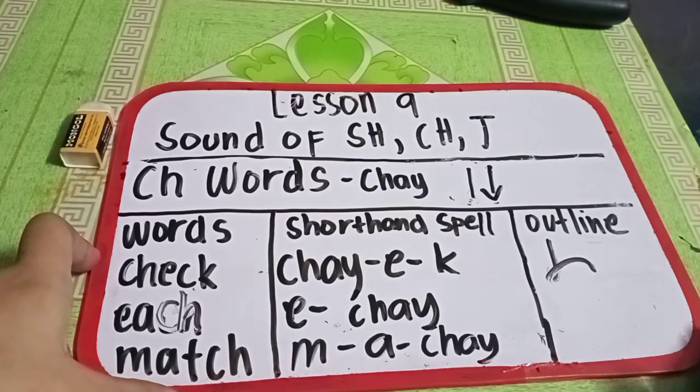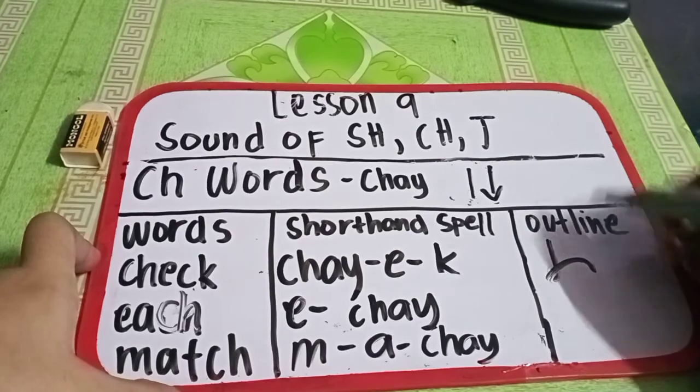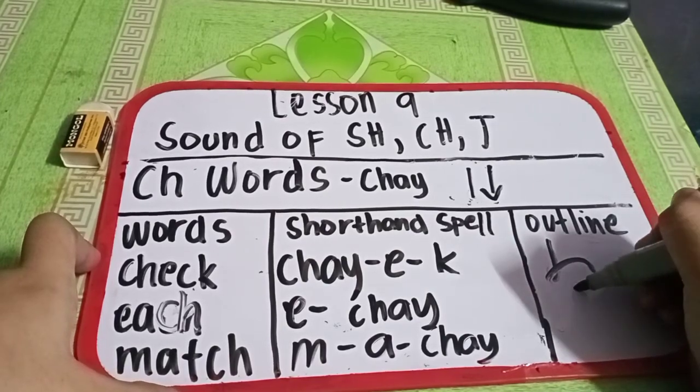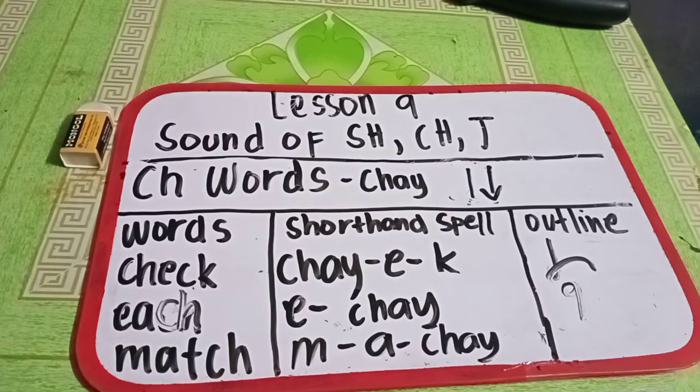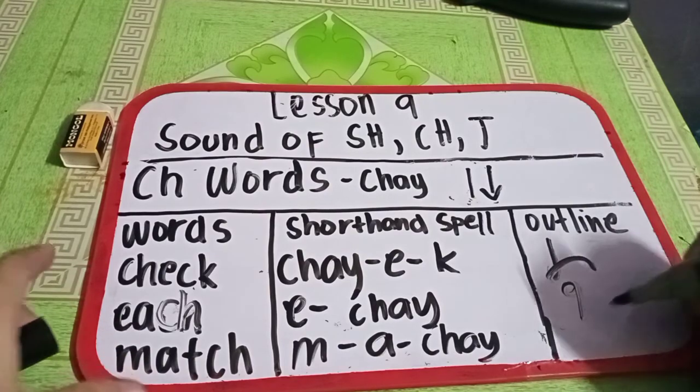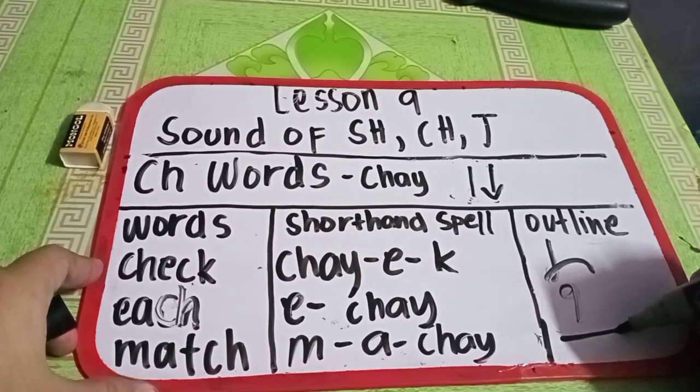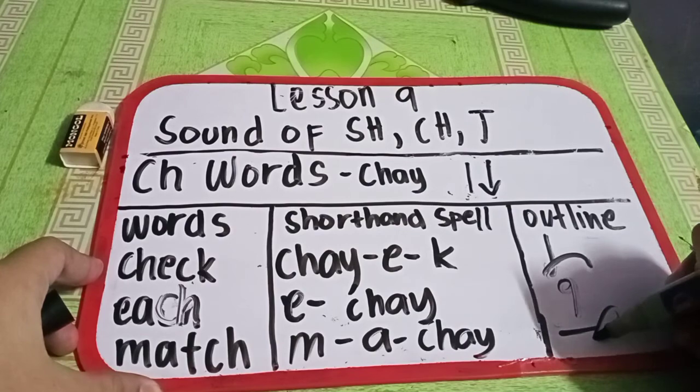The shorthand spelling is E hyphen J. Then the outline of this is E J. Then the third example is much. The shorthand spelling is M hyphen A hyphen J. Then the outline of this is M A and J.